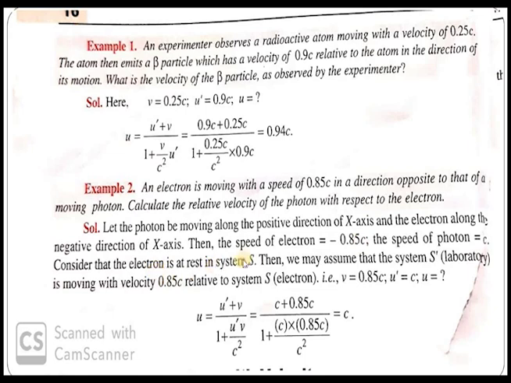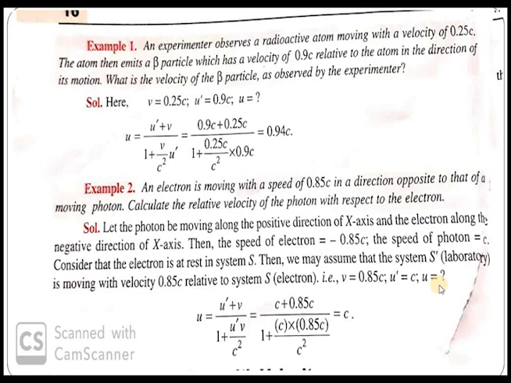Consider the electron to be at rest in system S. Then we may assume that the system S' laboratory is moving with a velocity 0.85 c relative to S, away from the rest frame. So we have v equal to 0.85 c, u' is c, and we have to find u.